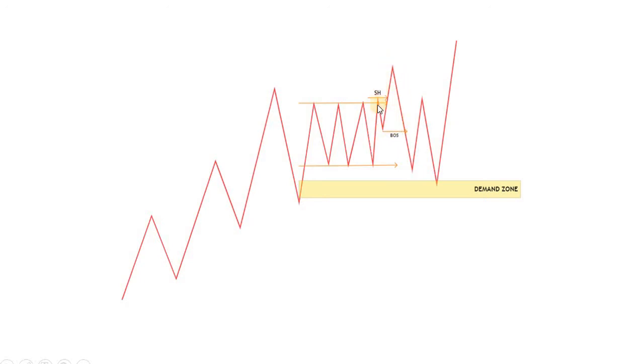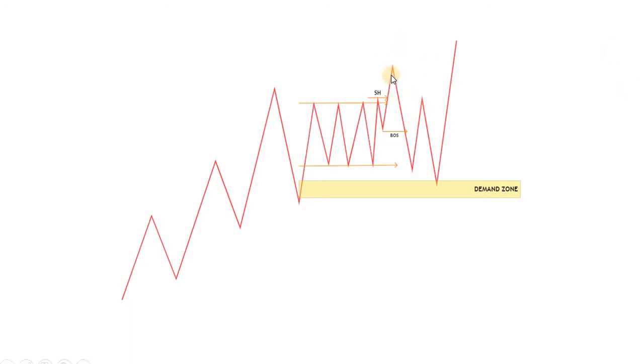This could well be a very nice order block, whether it is made up of one single candle or a series of candles, most times depending on the time frame that you are viewing your chart.